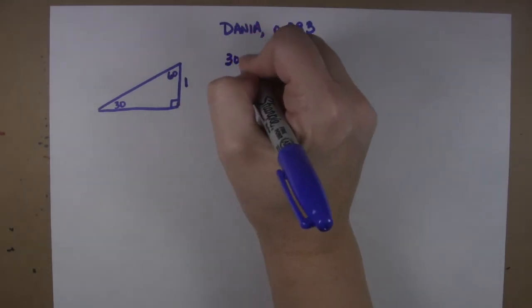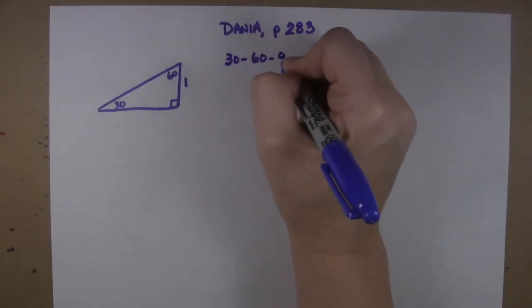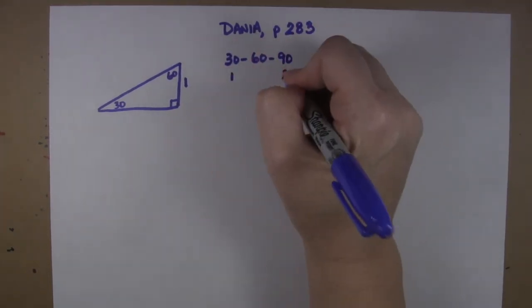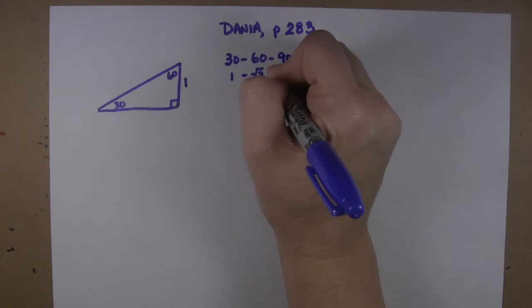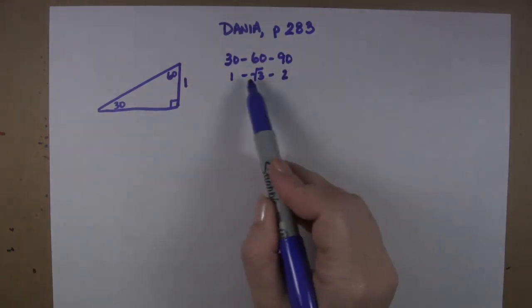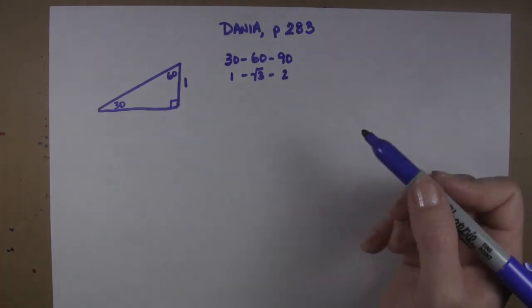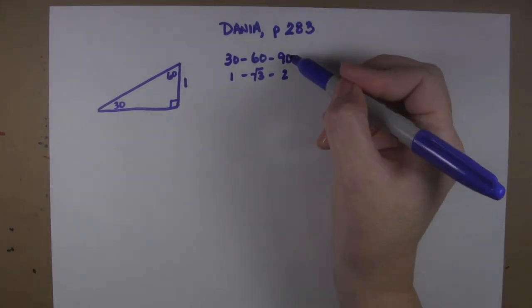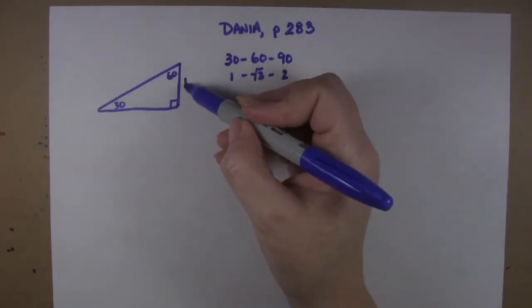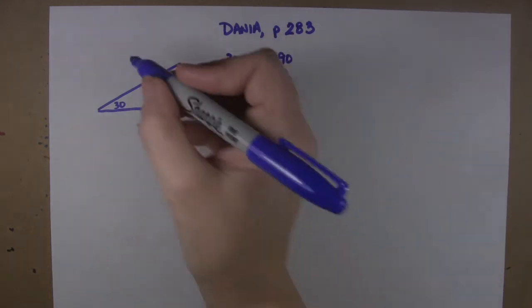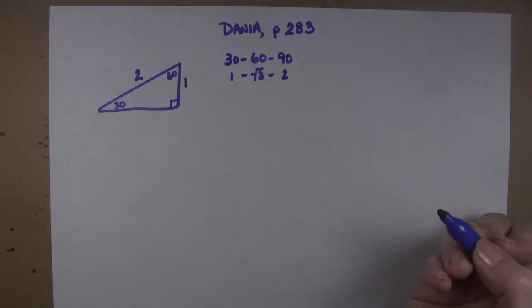Well, here's what we know: 30, 60, 90 triangles are also called 1 to 2 to radical 3 triangles. And I know it's not written in the same order as the 30, 60, 90 says it should be, but nevertheless. So if we know this short side is 1, we know that the hypotenuse is twice that, so 1 times 2, which is 2.